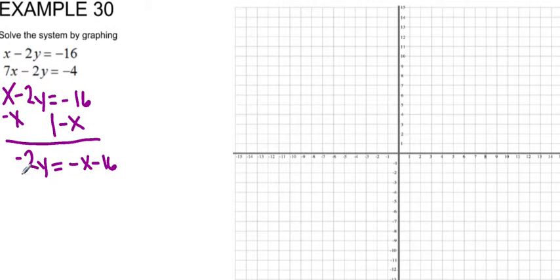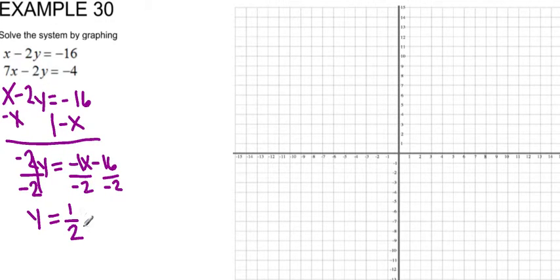To get y by itself, I have to divide both sides of the equal sign by negative 2. So I have y equals negative 1 divided by negative 2 just simplifies to 1/2. Negative divided by negative is a positive. Bring down the x. And then negative 16 divided by negative 2 is positive 8.